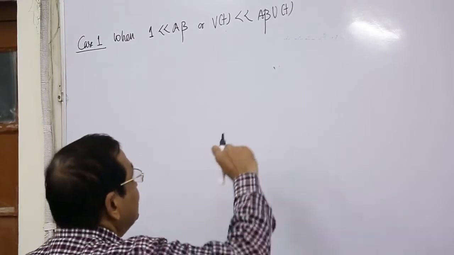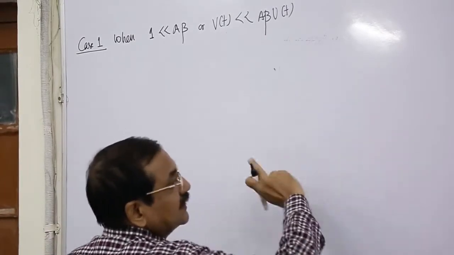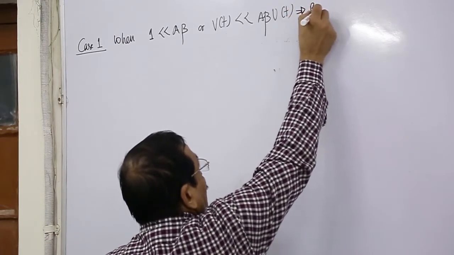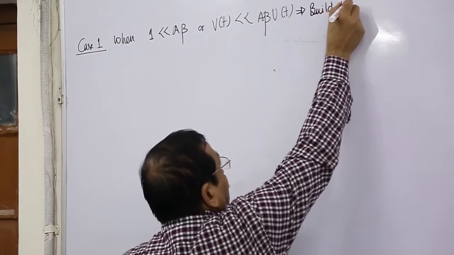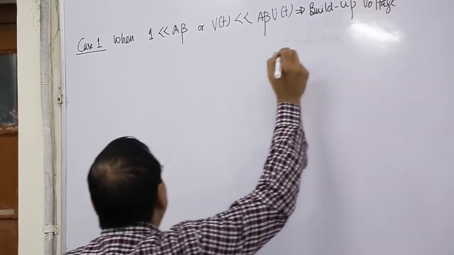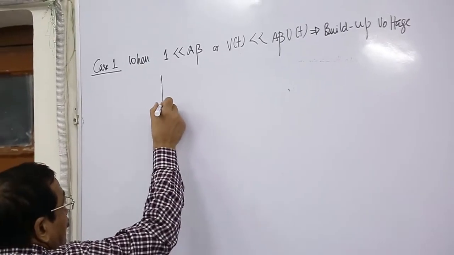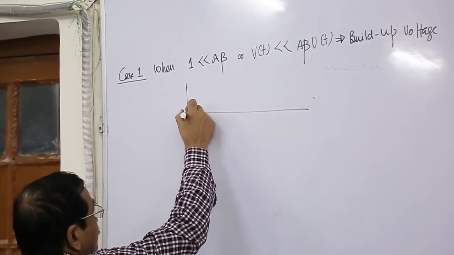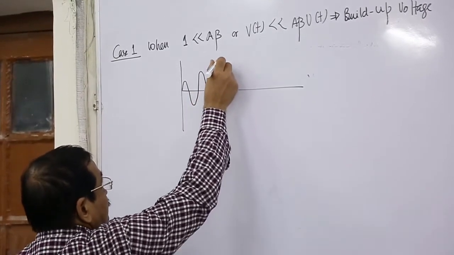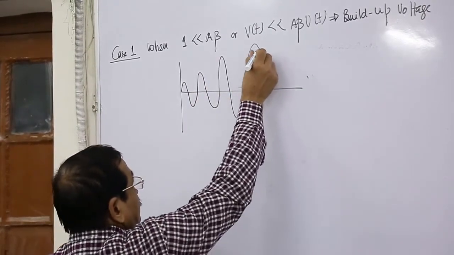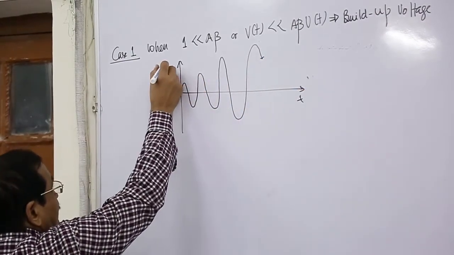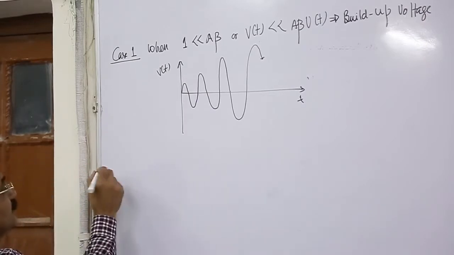This A beta Vt, that is the output, is termed as the built up voltage, and this built up voltage is something like this. This is time, and this is Vt, the built up voltage.